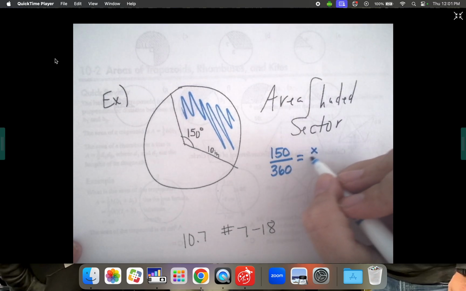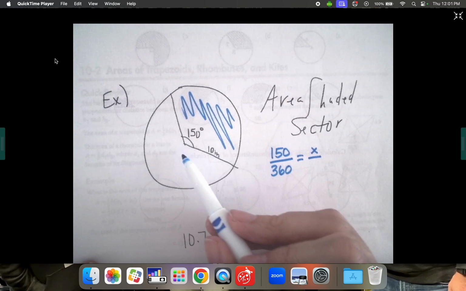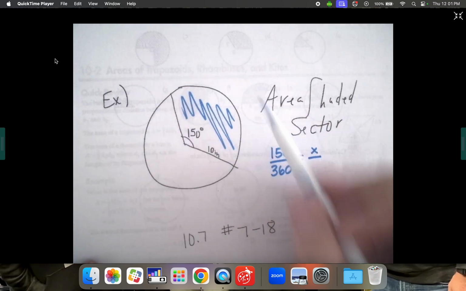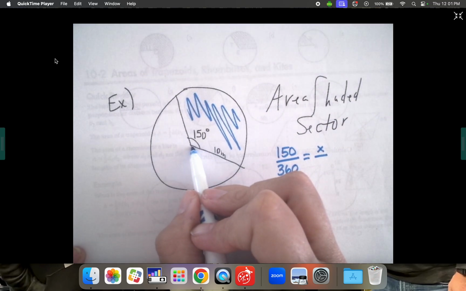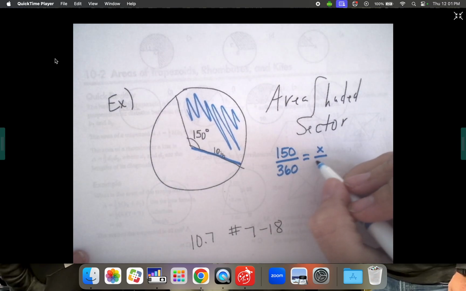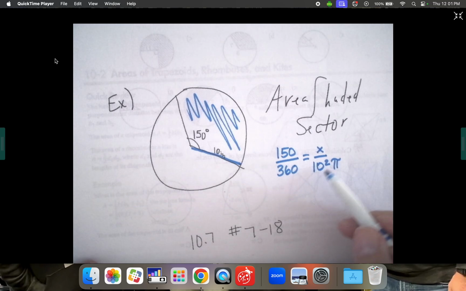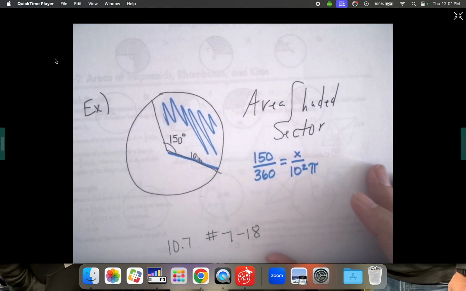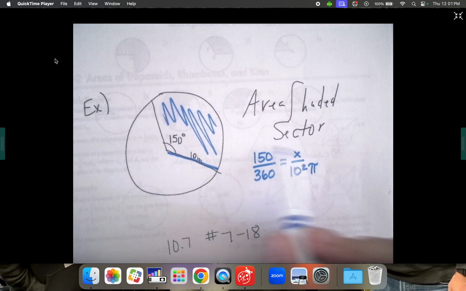So we don't know the area of the sector, that's what we're trying to find, but we do know the area of the whole circle, which is a 10-inch radius, would be 10 squared pi. I know it's pi r squared, but order of operations means square it and then have the pi on there, so that's what I'm doing here. So I'm going to do the bat and the ball.